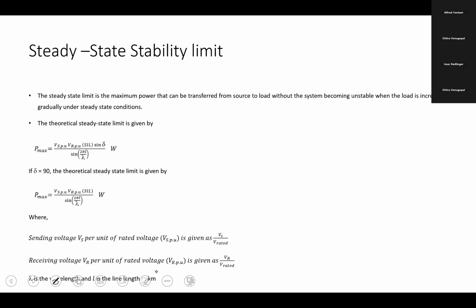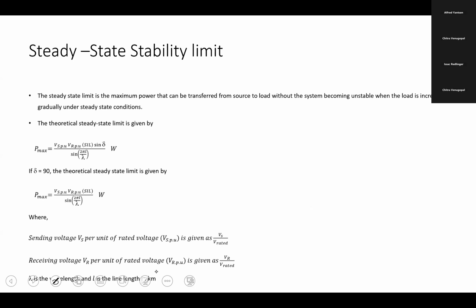But the sending end voltage and the receiving end voltage may have different angles, and that angle is called the load angle. The speed at which the sending end voltage is received at the receiving end is called the propagation constant. So we talked about V, f and the angle theta, or delta.